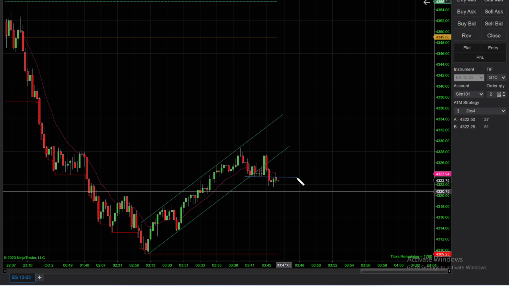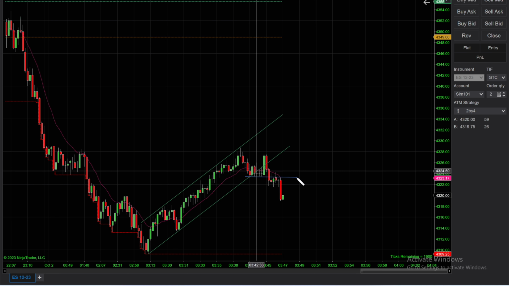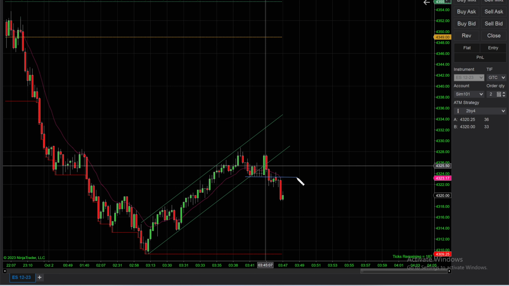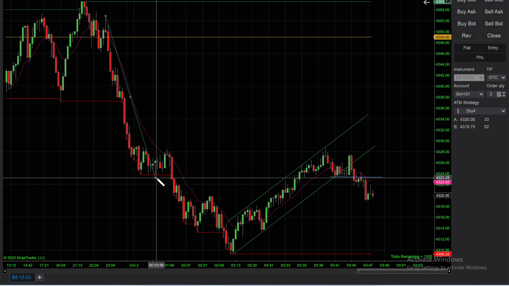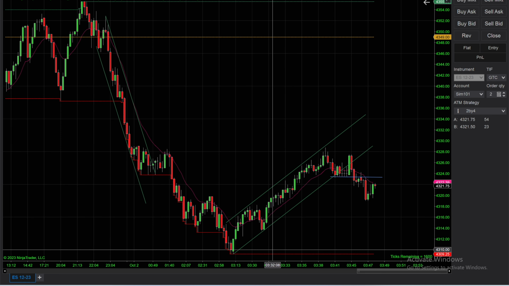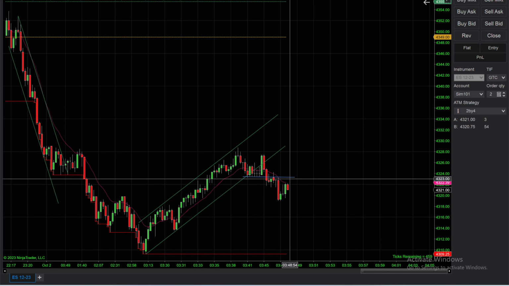I was waiting for it, and I got a second entry short that I liked, and so I took it off the EMA. This was my first trade of the day right here. Unfortunately, again, I was on the sim and I didn't realize it. That was my paid account, but I accidentally used the sim.